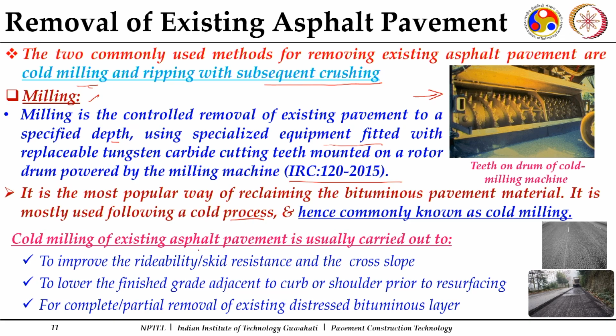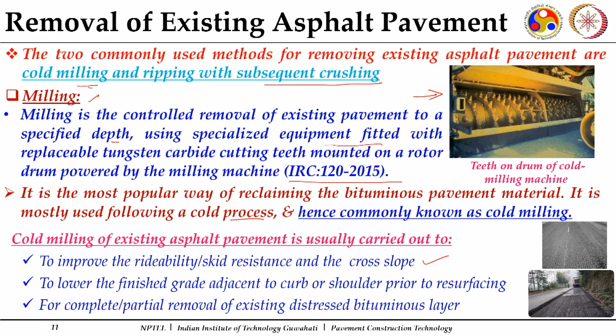Now cold milling of existing asphalt pavement is usually carried out under what circumstances? First, to improve the rideability, skid resistance and the cross slope. If there are some minor depressions, or some issue with the cross slope or camber, or the surface has become very smooth, specifically the top surface, these are challenges related to your surface course only.